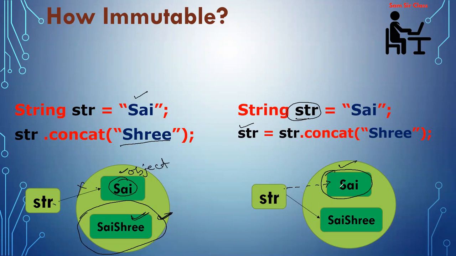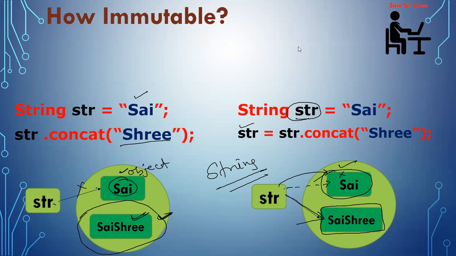We are creating another object where I am storing the result, and now str is pointing to this one. But whatever the previous value of str was, we are unable to change it. Clear? So the string class object value is immutable, which means you cannot change its content. Let's see through an example how it happens.